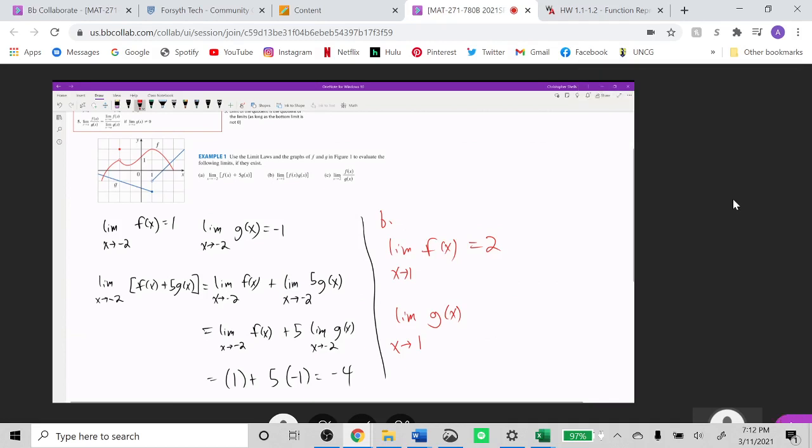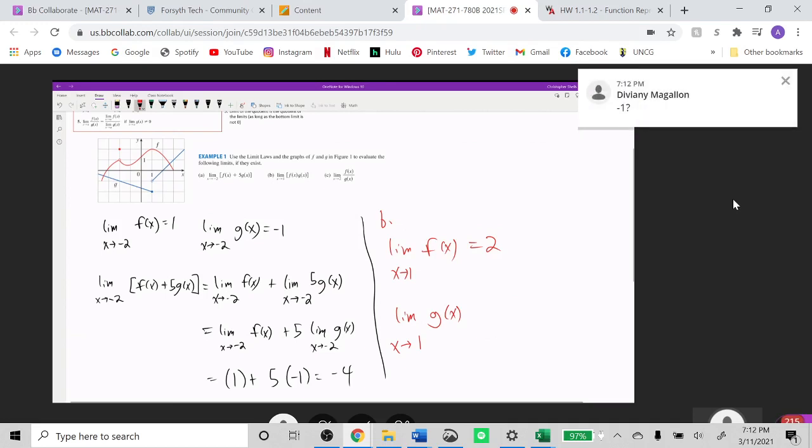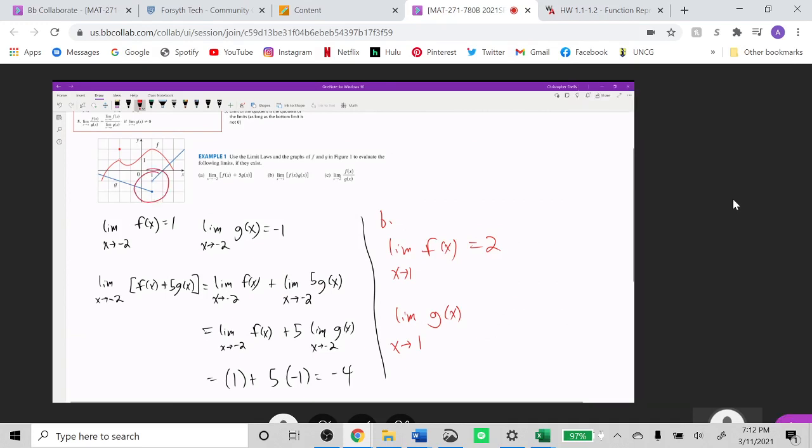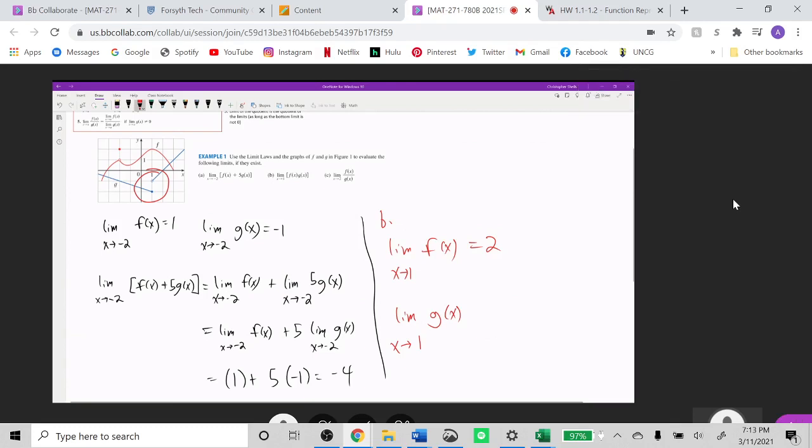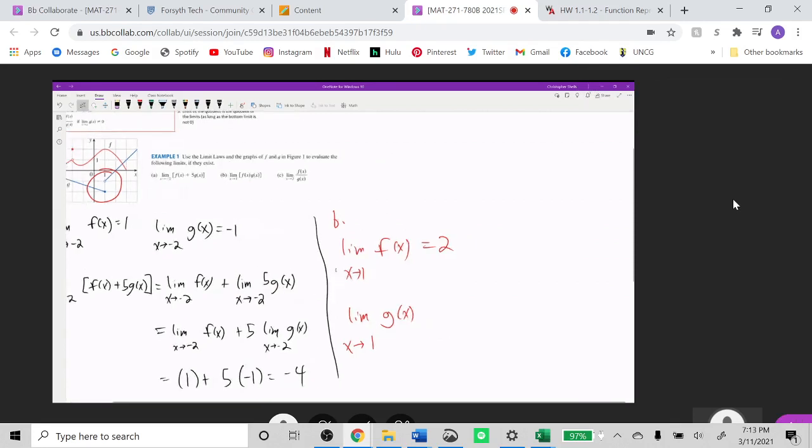Well, look at g of x. G of x has 2 separate one-sided limits, doesn't it? So what we have to do is apply this limit law for the one-sided limits here.